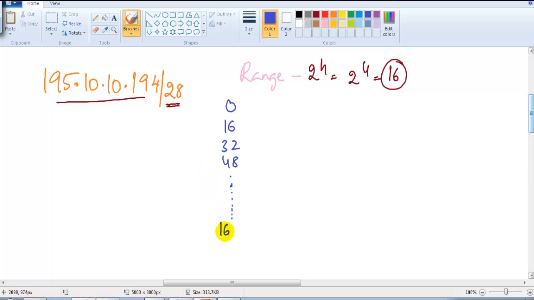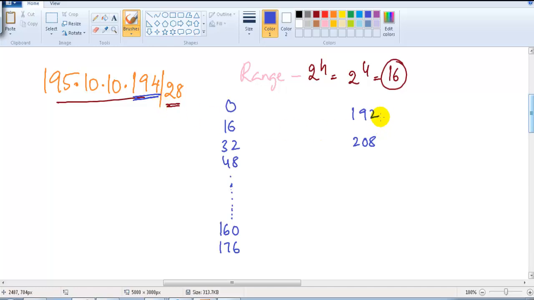I'll go with the nearest multiples of 16, that is 160, and I can write 176. And the continuation I'll write here: 176 plus 16 will be 192, and then 192 plus 16 will be 208. Now if you see, we need to get to 194.